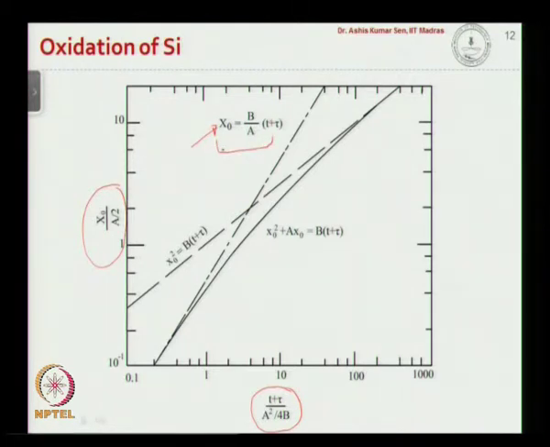So at small times this equation is valid, and at large times, when the oxidation is diffusion dependent, this equation is going to be valid, and this is rate constant dependent. Now this gives a combined equation which can be valid for any time scale, okay.